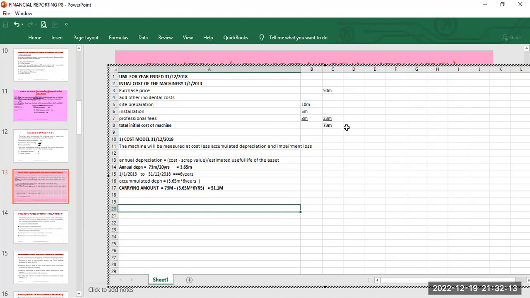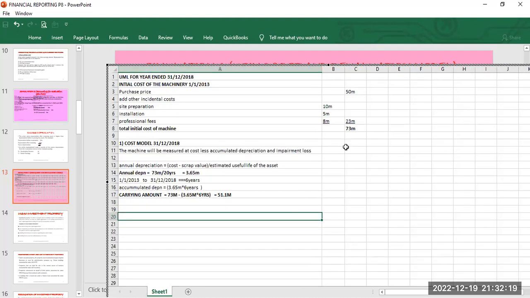That's basically what they wanted us to prepare. If you have all those figures, we prepare these statements and try to show what we are going to be taking to the financials at the end of that year.